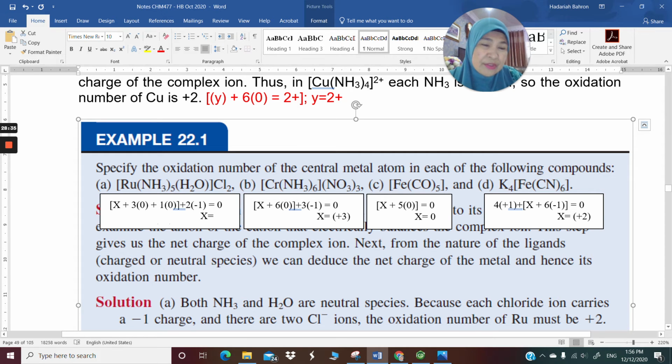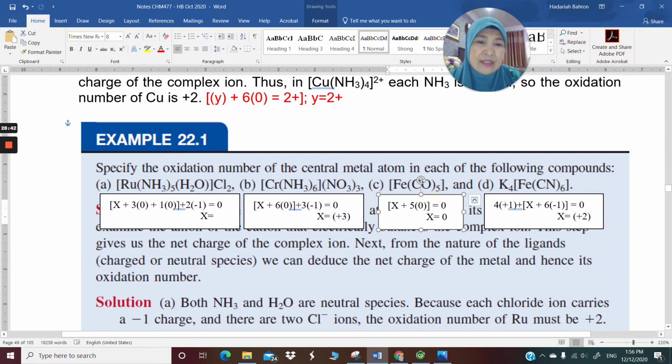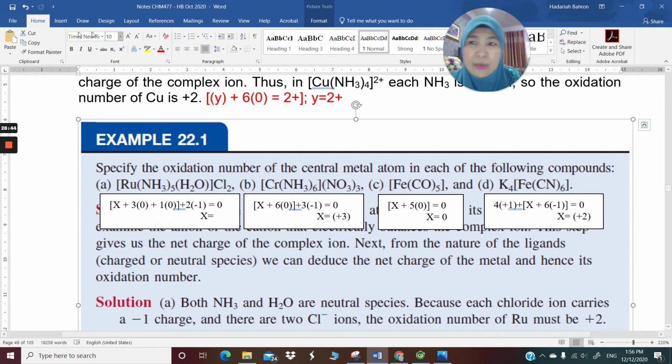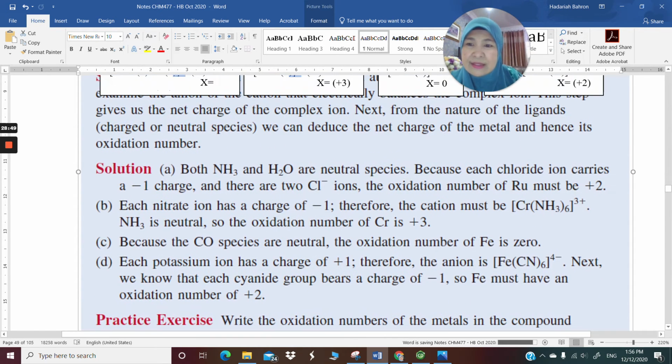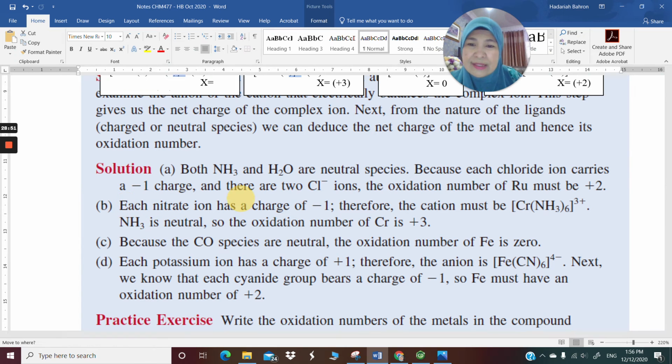So that is how you calculate the oxidation state of the transition metals in coordination compounds. Yep, I hope that is clear. So you can go through the sentences, yeah, here.